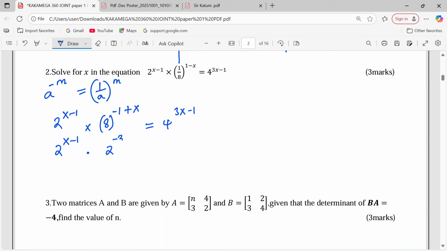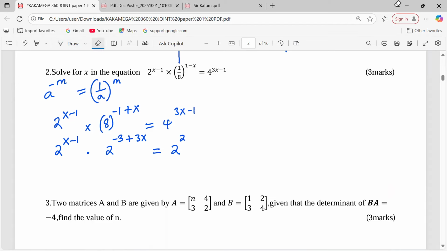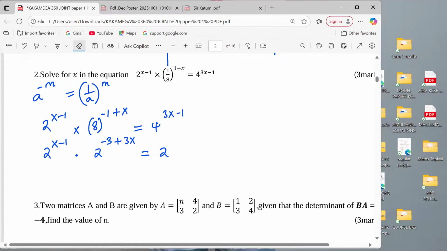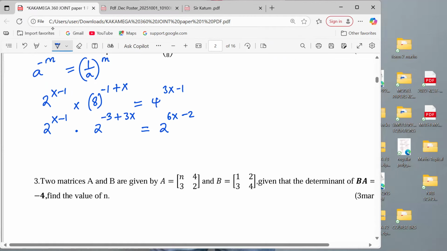So it opens the bracket as negative 3 and 3x. This is equal to 2 power 2 instead of 4, making it 2 power 2. This shall be 6x, then minus 2, like that. 6x minus 2. You see that?